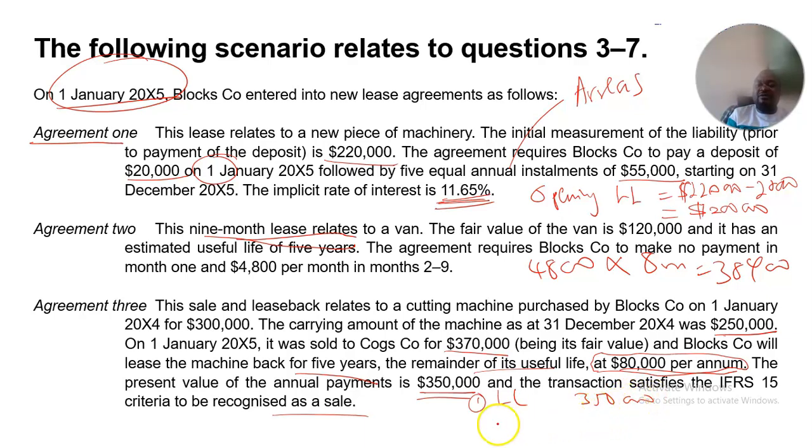To calculate the rho, it is the 350, the present value of lease payments, divided by the fair value of 370,000, multiplied by the carrying amount. The carrying amount of the machine was 250.